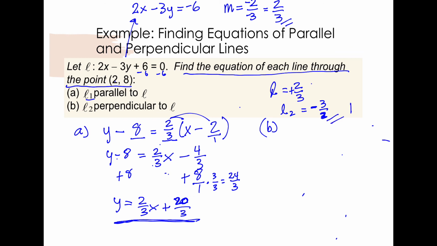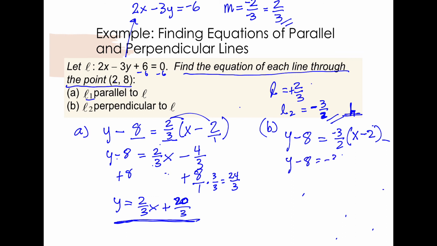This is the line that is perpendicular to the original line. So the opposite signed reciprocal. All right, plugging everything in, it's passing through the same point, so I'm just going to go ahead and put that in there. We do have a different slope, which is going to work out for us nice when we distribute.